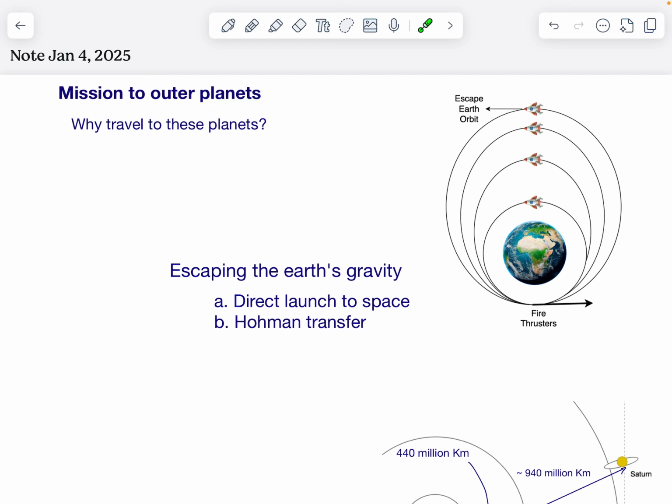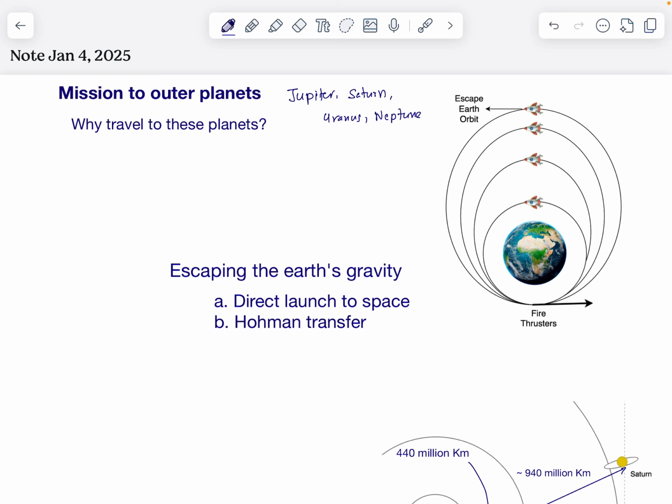So the outer planets are Jupiter, Saturn, Uranus, Neptune. Pluto is also a heavenly object. It used to be a planet before, but it doesn't have that status anymore.